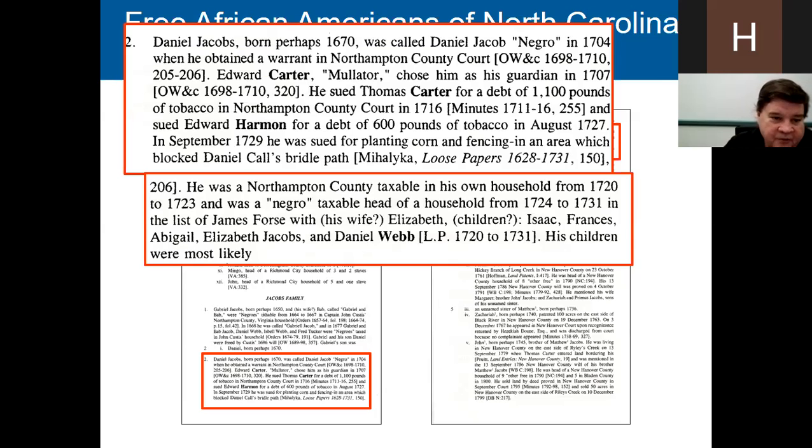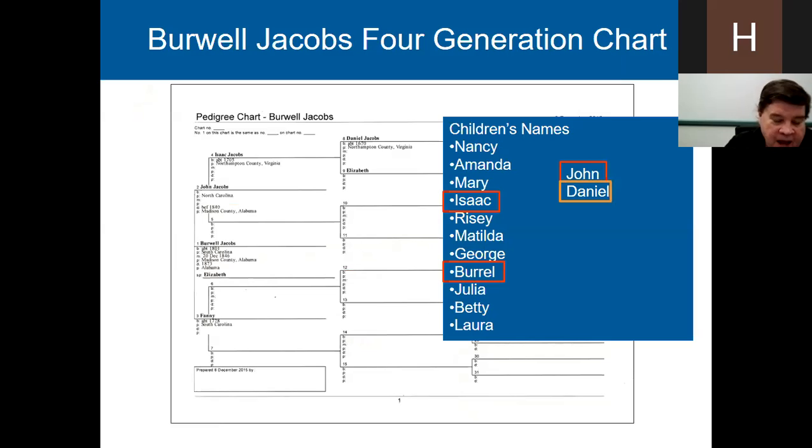He sued a guy for a debt of money and tobacco. There's lots of records of him. And you notice Daniel is the name of one of Burrell's kids. So again, these names get passed down. Sometimes they're common like John and it doesn't help us. Sometimes they're a little bit more unusual, and that's a good thing.